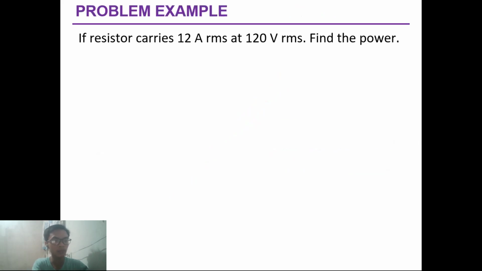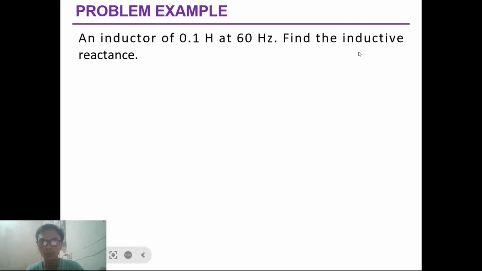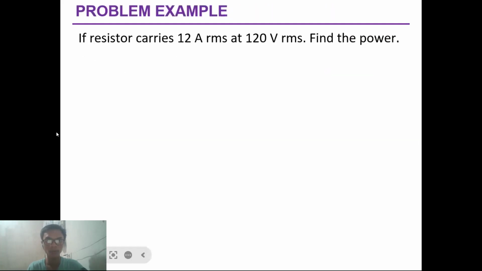To better describe this, let's try to solve this problem. If a resistor carries 12 ampere RMS at 120 volts RMS, we need to find the power. In order to find the power, let's follow this formula.